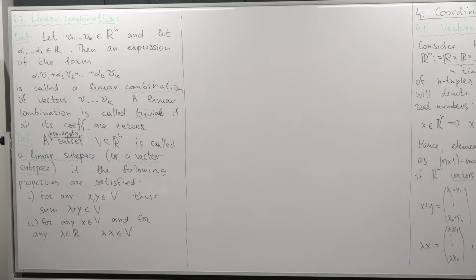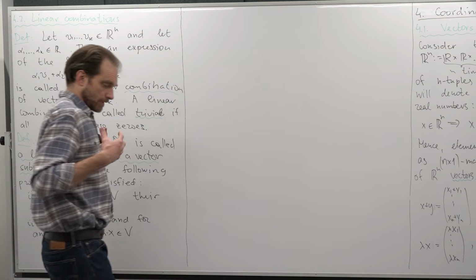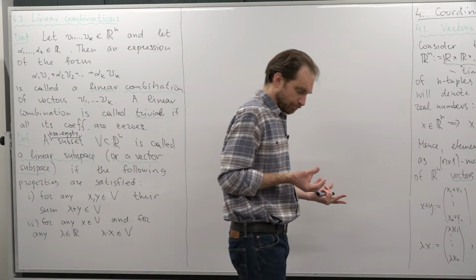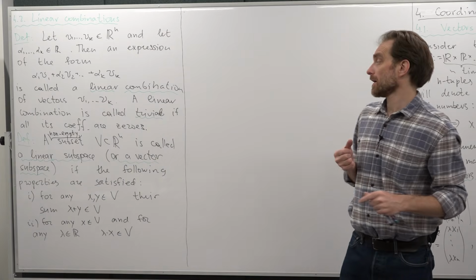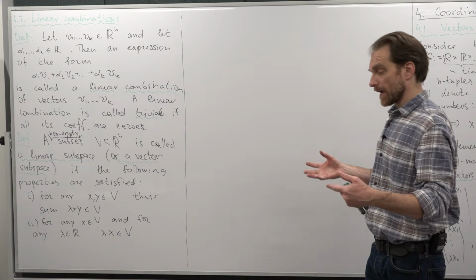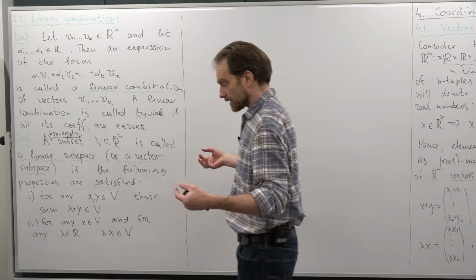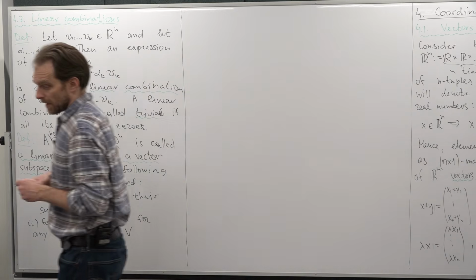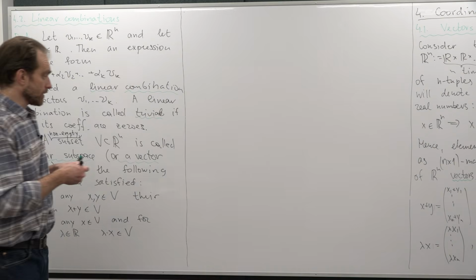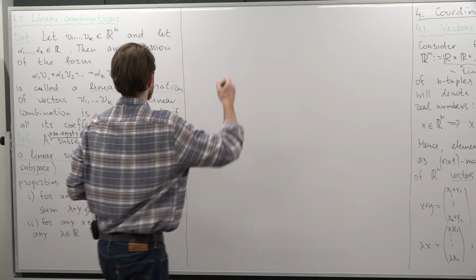Okay, so a subset is called a linear subspace if we can add vectors from this set and we can multiply them by scalars. So let me consider some examples.